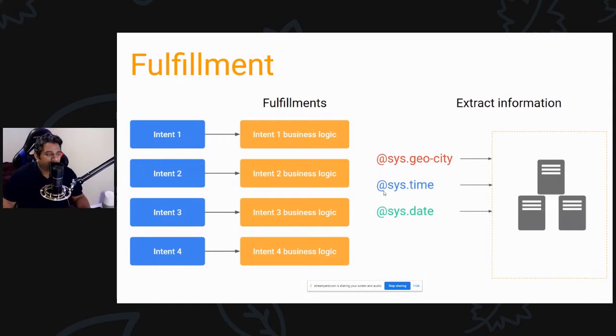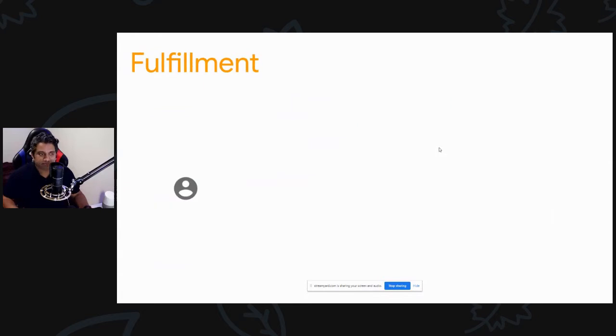And again, from a fulfillment perspective, fulfillment is a place where you pass on what the intent is, and within that intent, what keywords I have received from the conversation. So you extract that information, and then you go ahead and do your own backend logic or business logic, and then get the result back to the user.